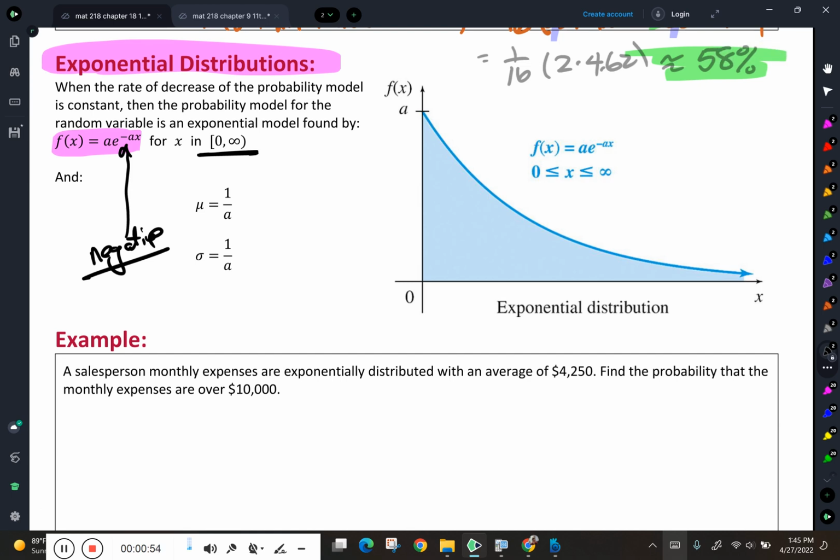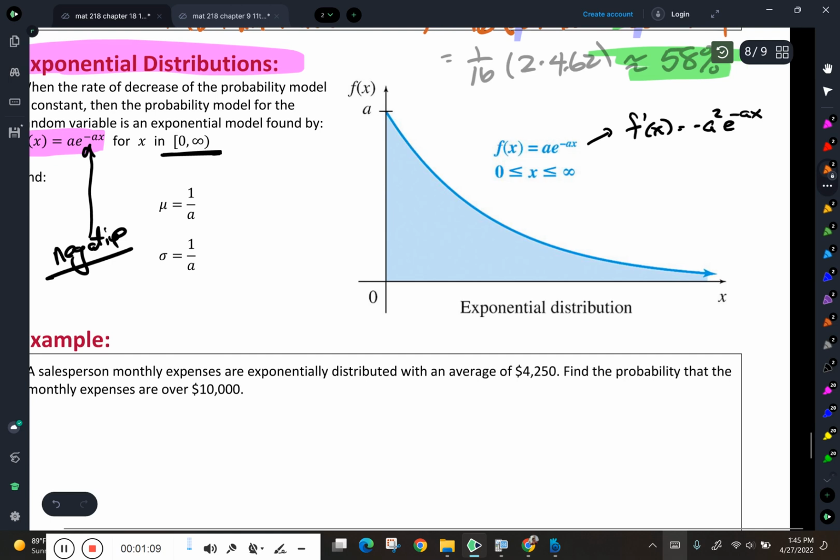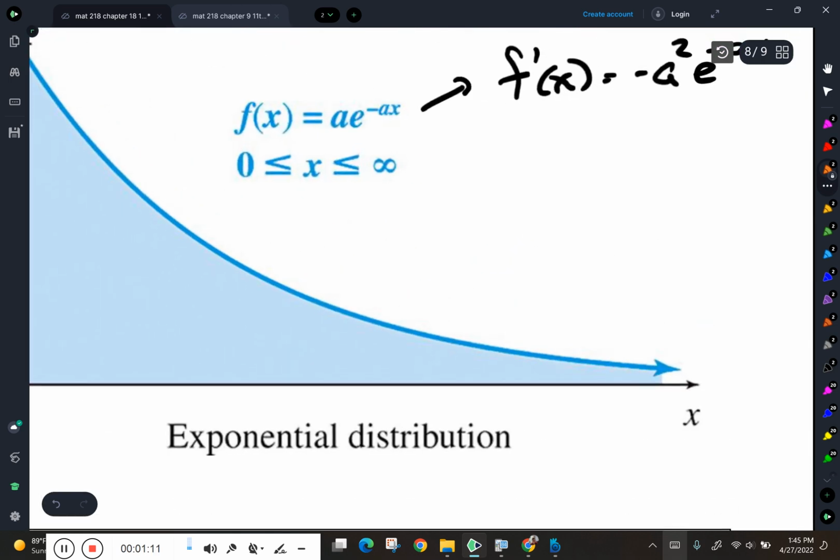Because of the nature of this function, if you think back to your Calc 1, if you took the derivative, f prime, you would get negative a squared e to the negative ax. But you could factor that and do some math on it, and show that the derivative f prime is just equal to negative a times ae to the negative ax.